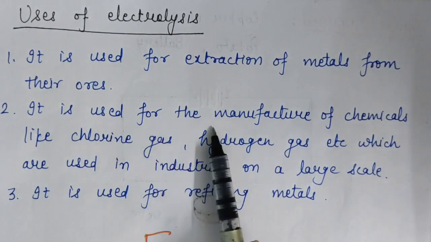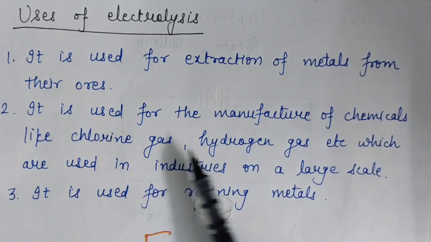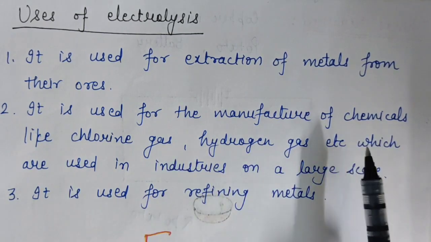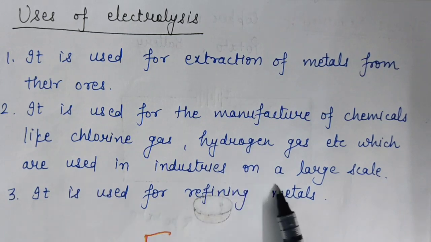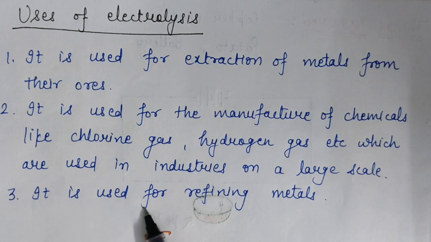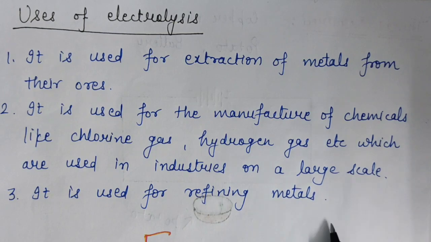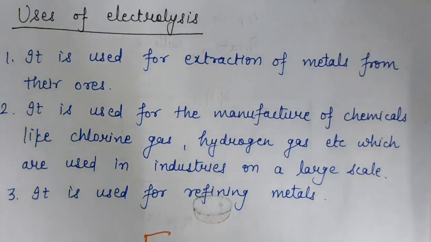It is used for the manufacture of chemicals like chlorine gas, hydrogen gas, etc., which are used in industries on a large scale. And third is, it is used for refining metals. So these are the various uses of electrolysis.